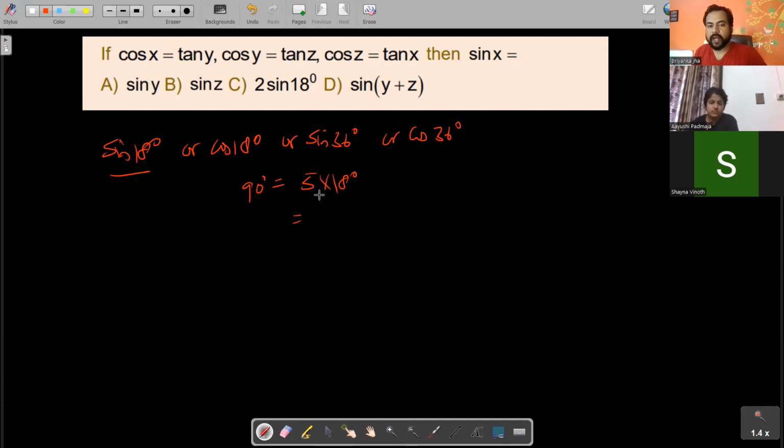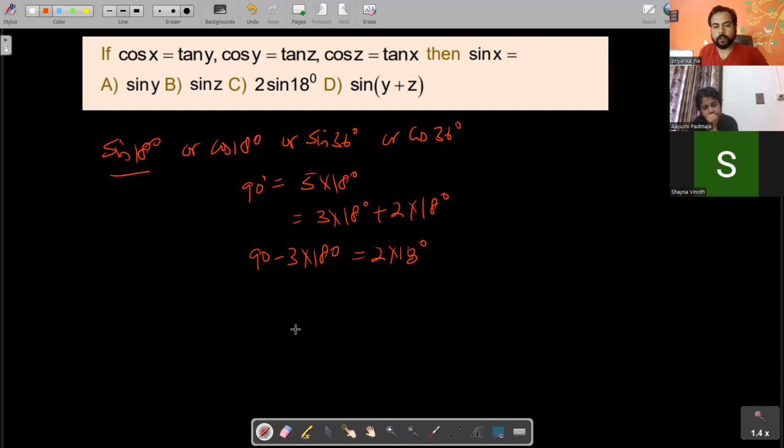And this 5 into 18, we can break into two parts, 3 into 18 degree plus 2 into 18 degree. Take one term on one side and the other on the other side. You can take sine or cos, whatever you want.